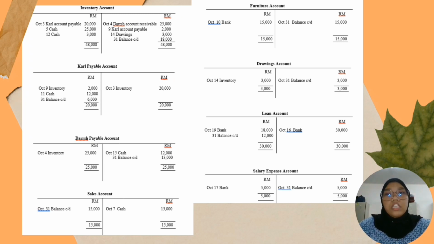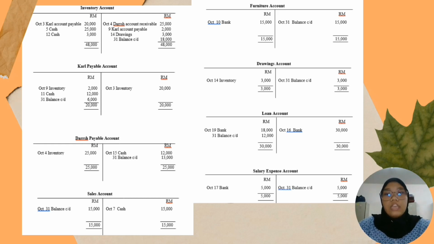On 5 October, cash has 25,000, and on the 5th October there is cash of 3,000. On the credit side there is account receivable of 25,000, account payable of 2,000, drawing, and balance c/d of 380,000. Both have a balance of 48,000 ringgit Malaysia.